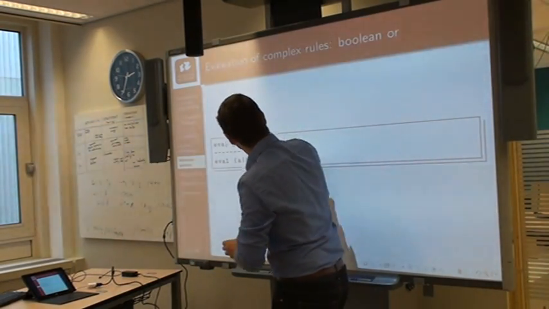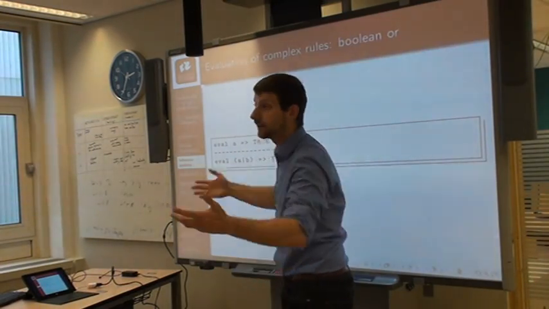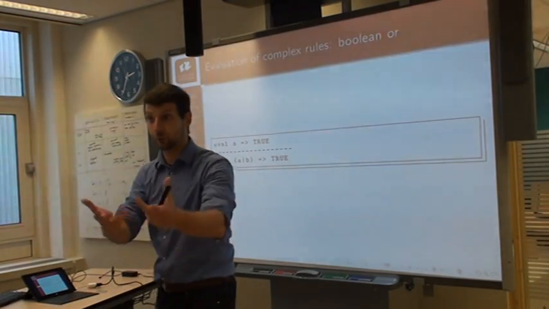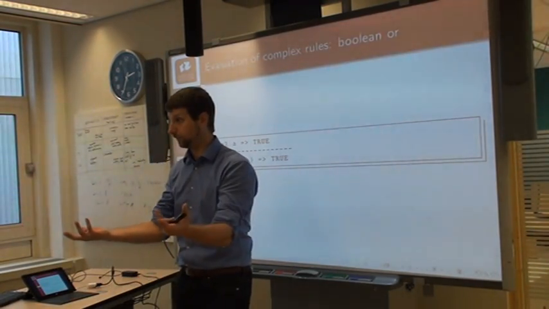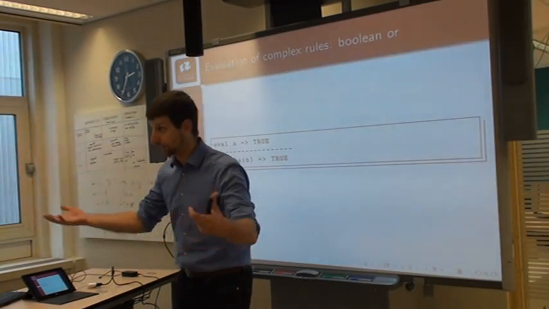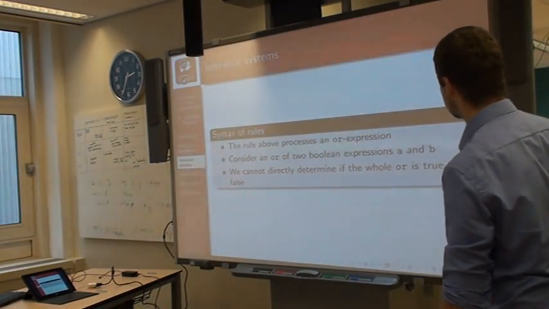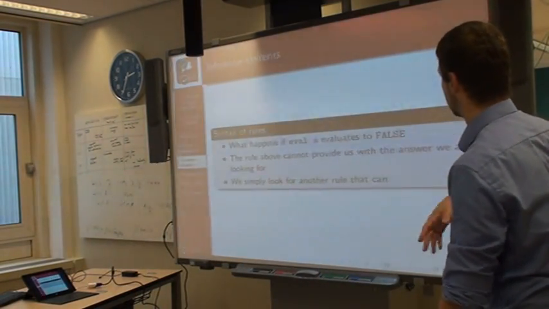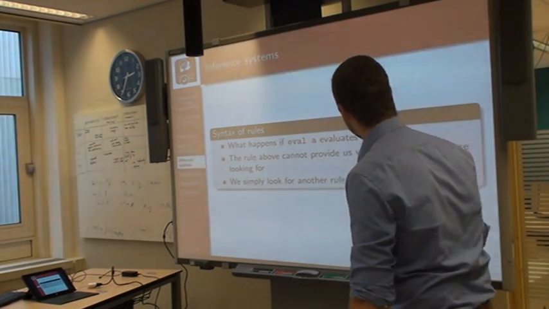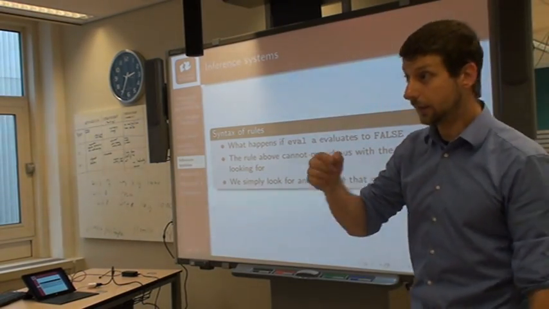But the point is, if the left side has a value of true, then the right-hand side is irrelevant. If the right-hand side comes out true, then what you had really was true or true, which is true. If the right-hand side is false, then you had true or false, which is still true. Now, if eval A evaluates to false, we simply look for another rule that can give us an answer.